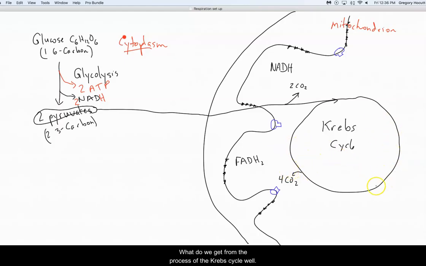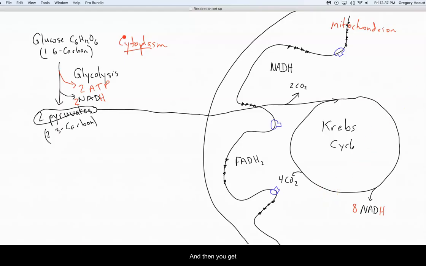Now, what do we get from the process of the Krebs cycle? Well, you get some alphabet soup. You get NADHs, and you get 8 of those.